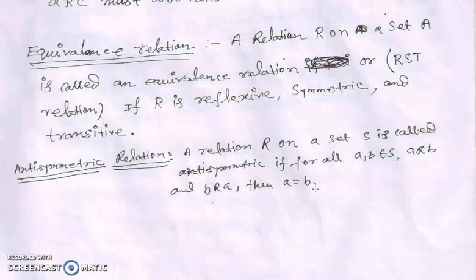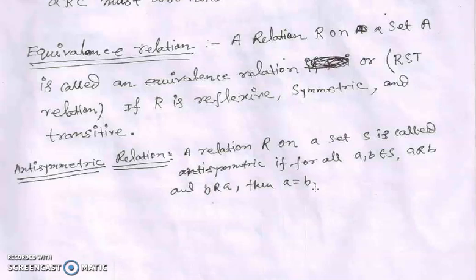If you have some confusion about the symmetric and antisymmetric definitions, here we clear your concept using an example. Consider the divisibility relation. 2 divides minus 2, so 2 R minus 2 is satisfied.